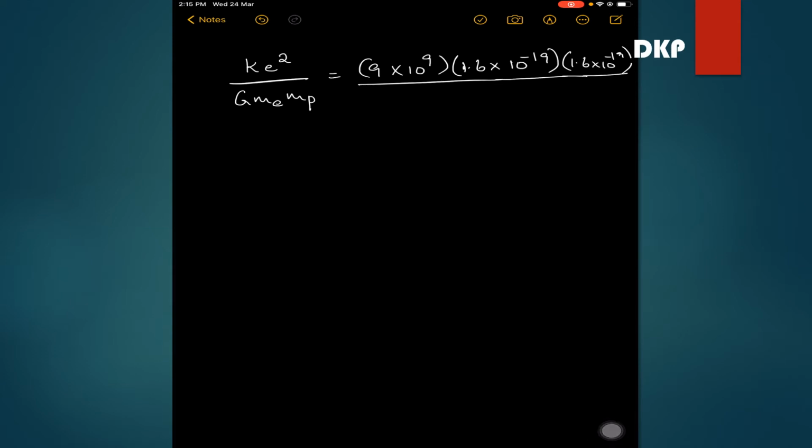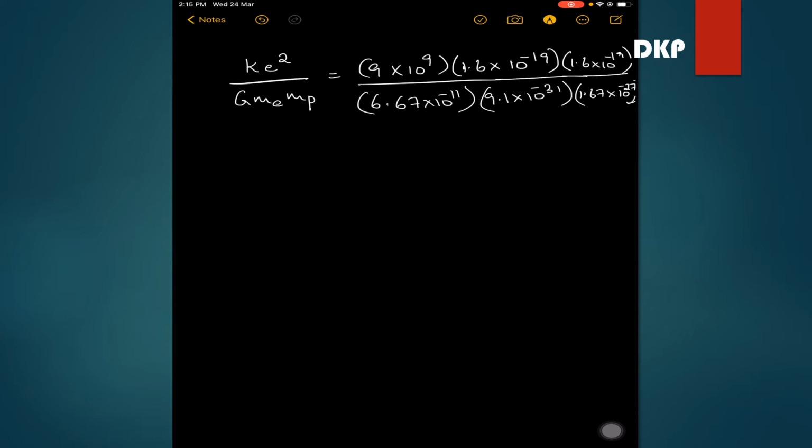G, the gravitational constant, is 6.67 into 10 to the power of minus 11. And the mass of electron is 9.1 into 10 to the power of minus 31. And mass of proton is 1.67 into 10 to the power of minus 27.